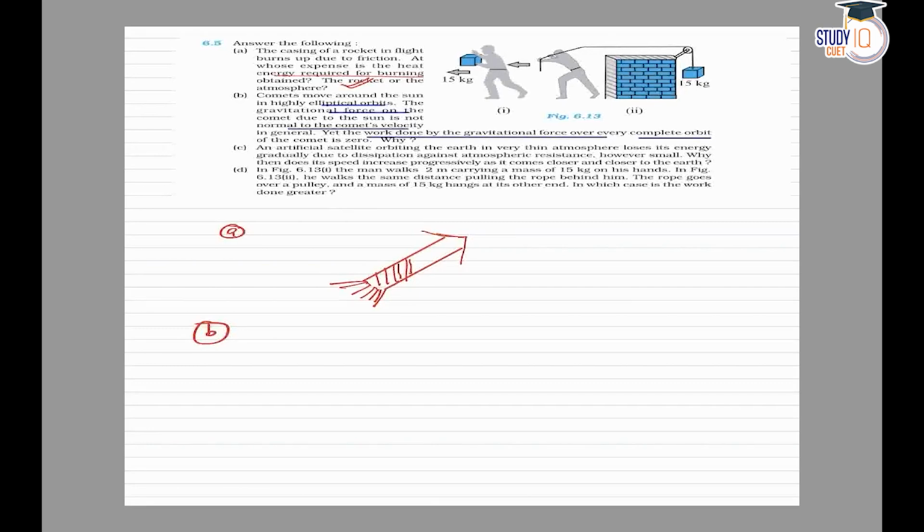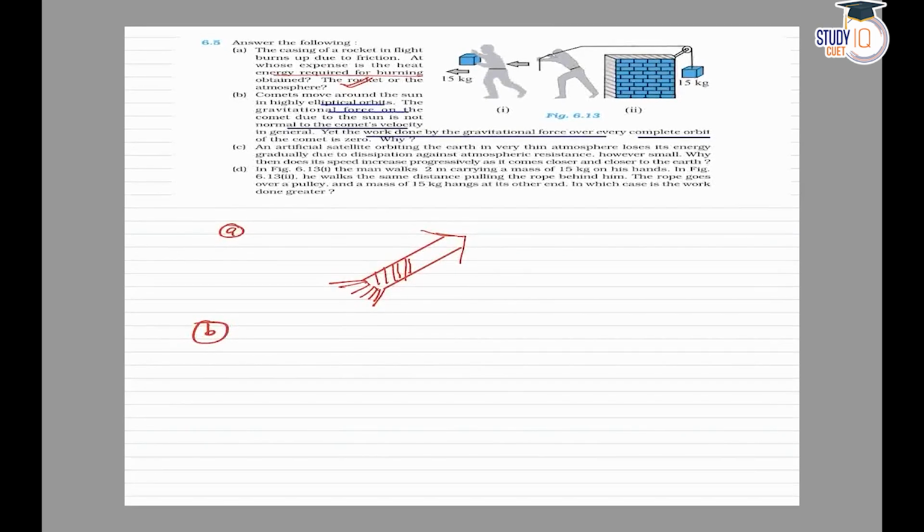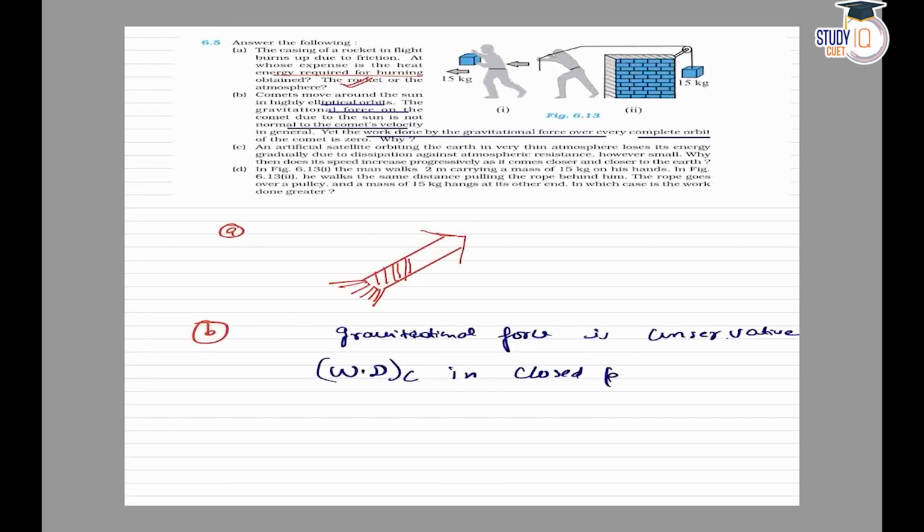As we all know, gravitational force is a conservative force. Gravitational force is conservative in nature. And we know that the work done by a conservative force in a closed path is equal to 0.